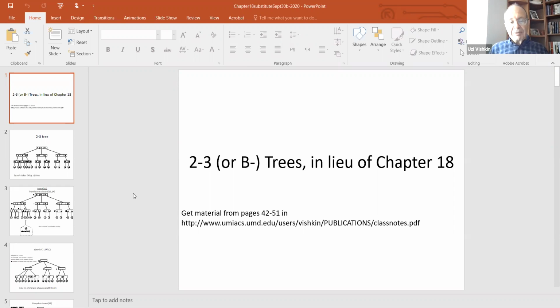Actually did quite a bit more. I did the chapter, or a big part of the chapter, on red-black trees. And the main thing that was left off at the end was that I didn't do the delete.